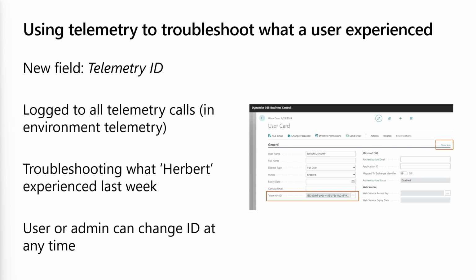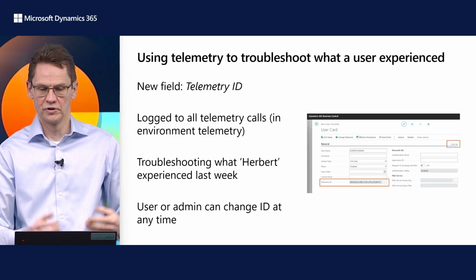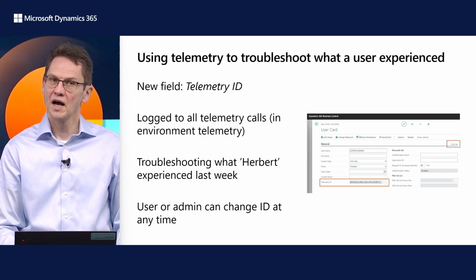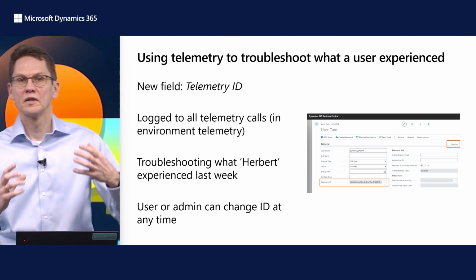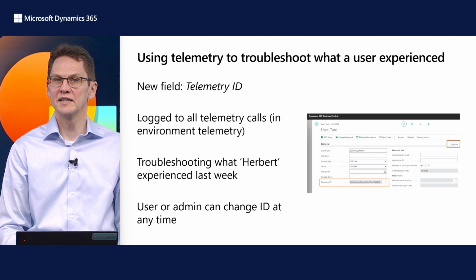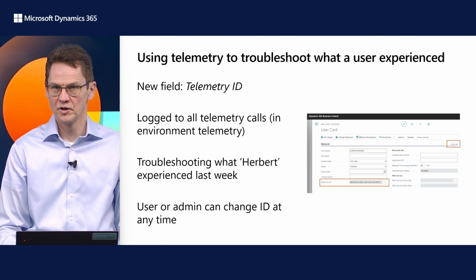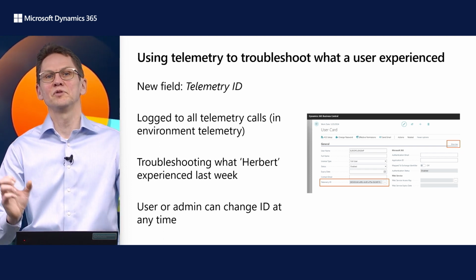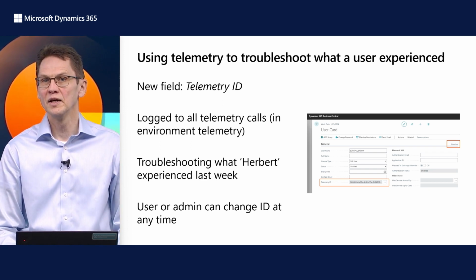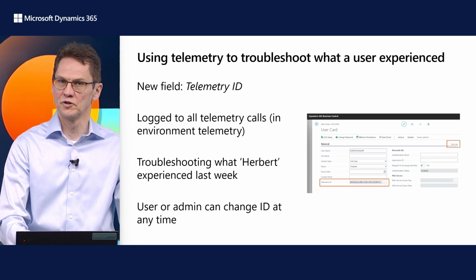So it allows you to troubleshoot what Herbert or whoever the user is experienced last week. However, the user or the admin can change this telemetry ID at any point in time. So the connection between this GUID and the actual username is up to the customer.